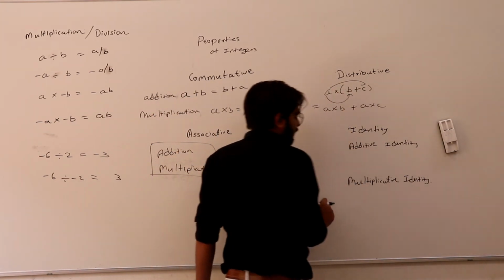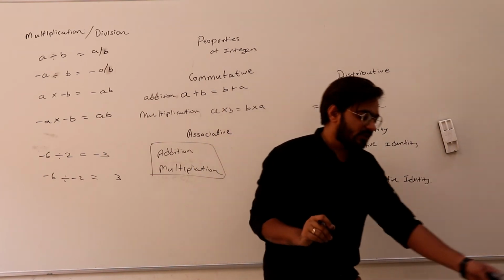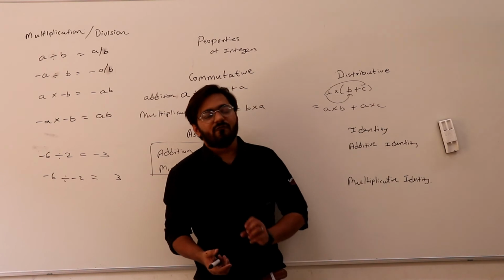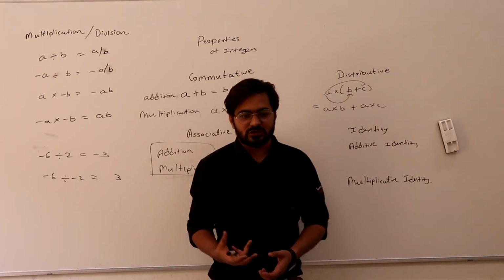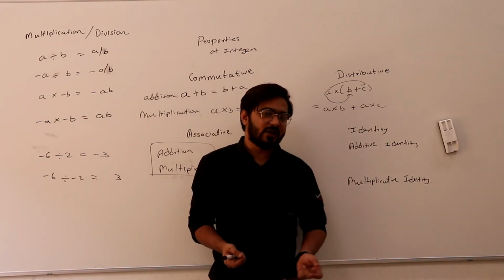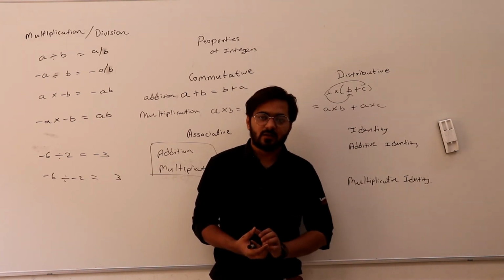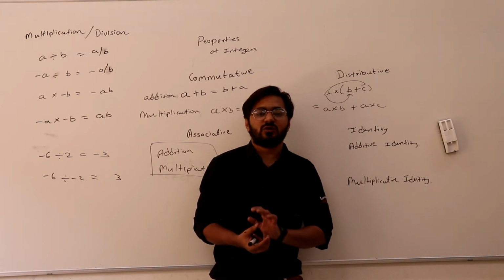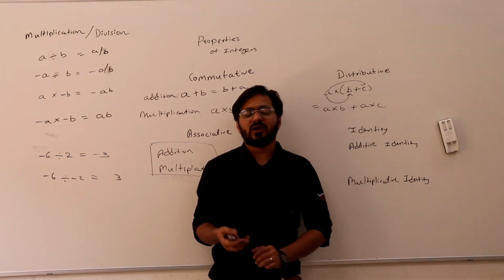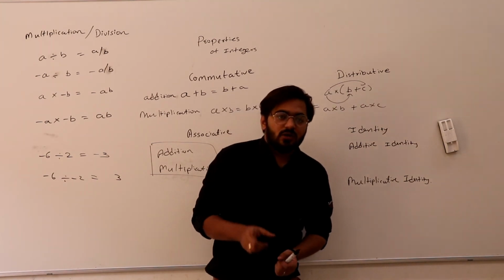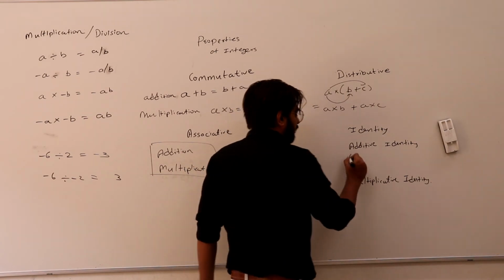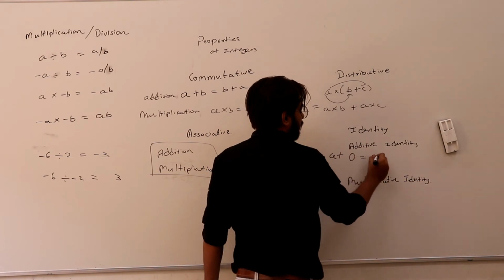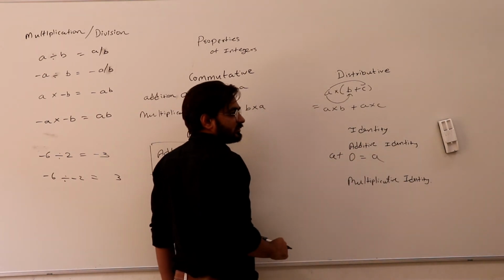Then comes the additive identity. Identity means the value of the given number should not change. Which number is there which, on adding to the given number, does not change the value of the given number? There is only one number, which is 0, which on adding to any number, the answer won't change.